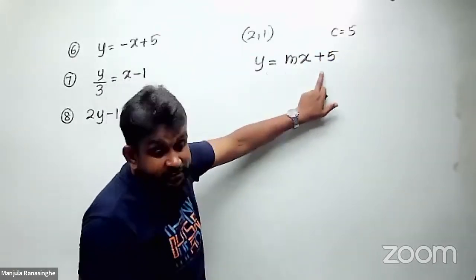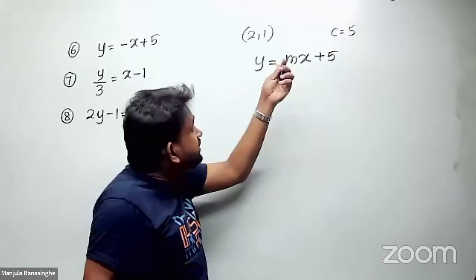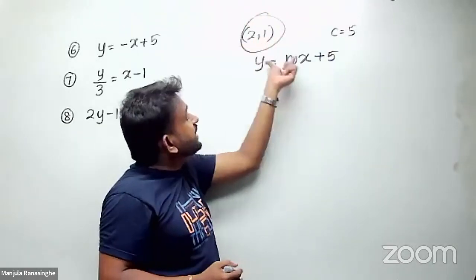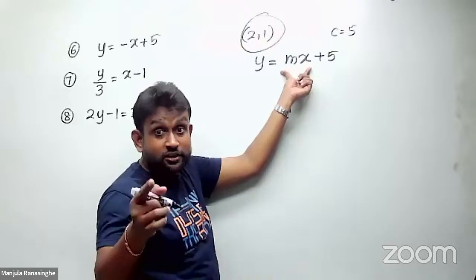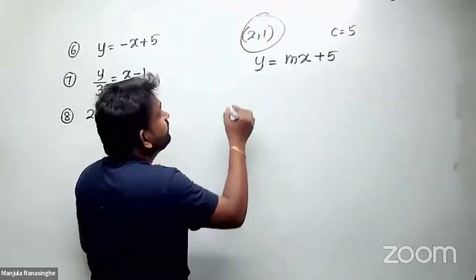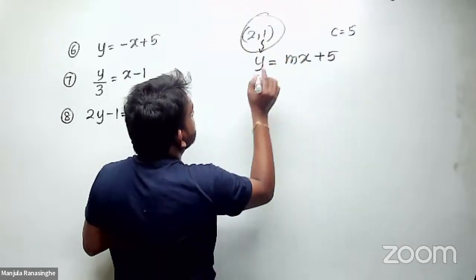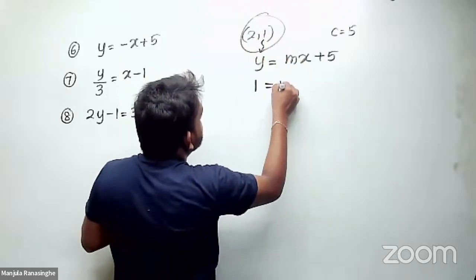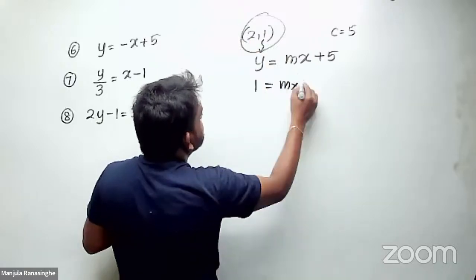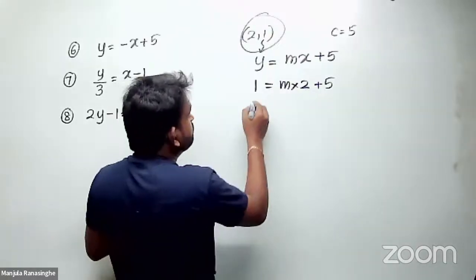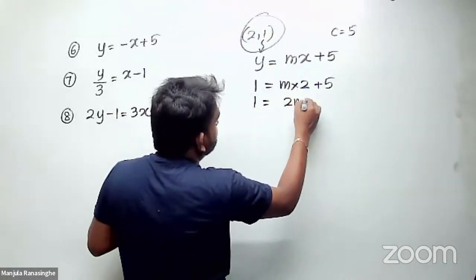Now the equation in this format, m is not known, so that equation passes through this point. That means the point can be substituted into the equation instead of x and y. Okay, for y coordinate I can substitute 1, x coordinate 2. So y, 1 equal m into x coordinate 2, right, plus 5. Okay, now see that 1 equal 2m plus 5.